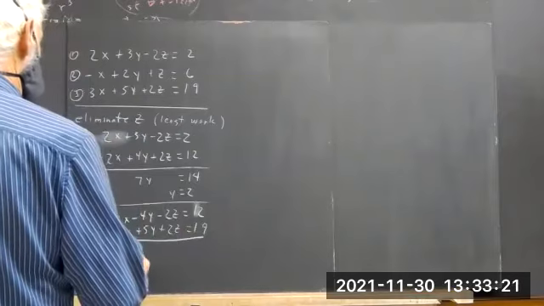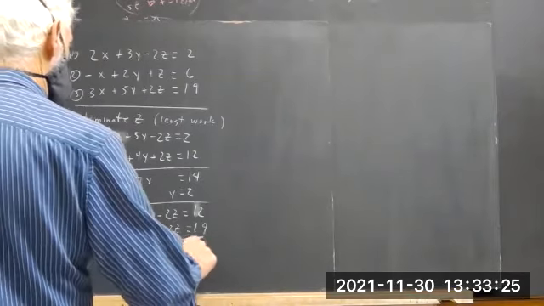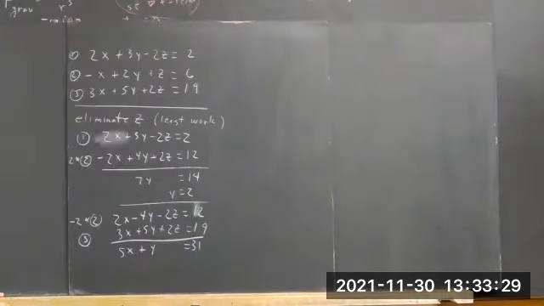That gives me the equation 5x plus y equals 31, which I know isn't right. So what's wrong here? 2x, -4y, -2z plus 2x, -12.